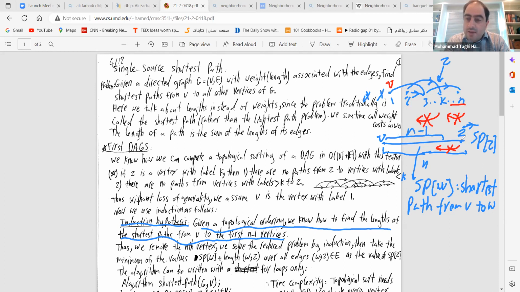Now we want to find the shortest path to Z. Z is the nth vertex in the topological sort of this directed acyclic graph. So we are talking about DAGs here, directed acyclic graphs. For this vertex Z, there are no backward edges, so all the edges should be forward edges.